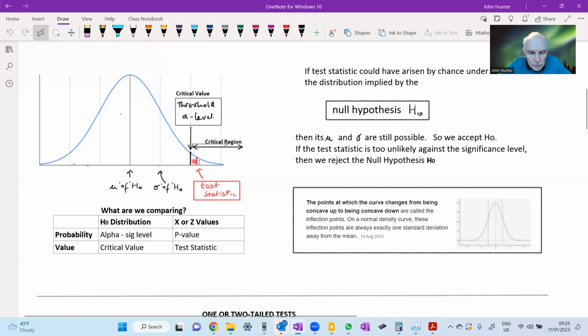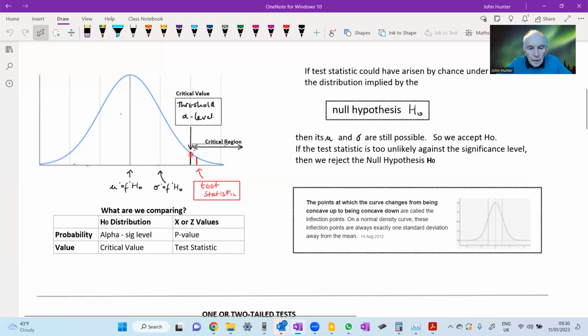It means that 5% of the probability density area is in this tail to the right, and then 95% down the rest, obviously. So this also is identifying the critical value. Now, the alpha level is a percentage. The critical value is a number.